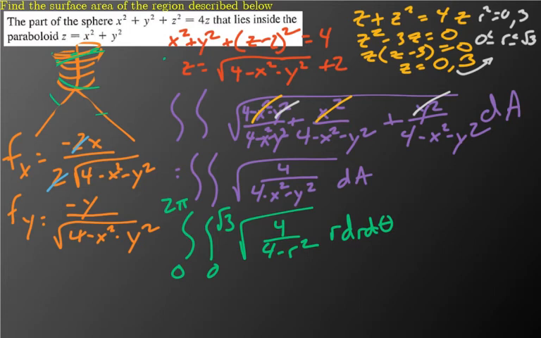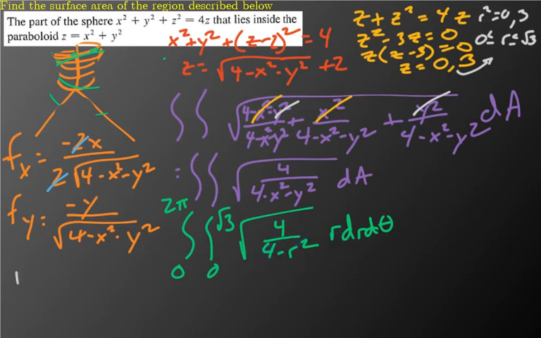What I would do to get started here is u equals 4 minus r squared. You're going to get a 2r derivative popping up. I see the r here, and I see the derivative of this somewhere else, which means I do a u sub.